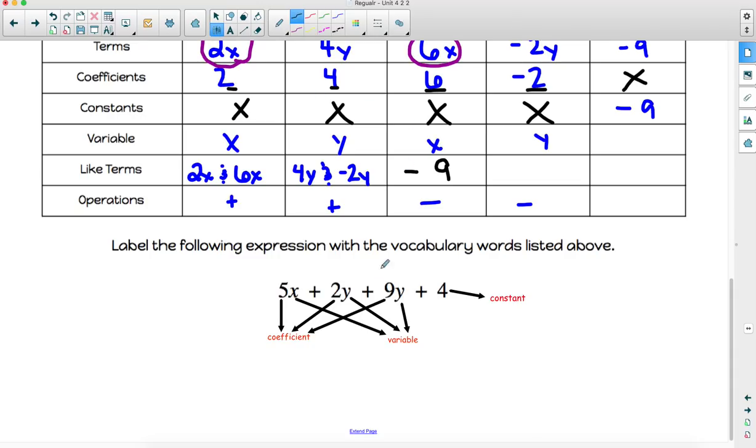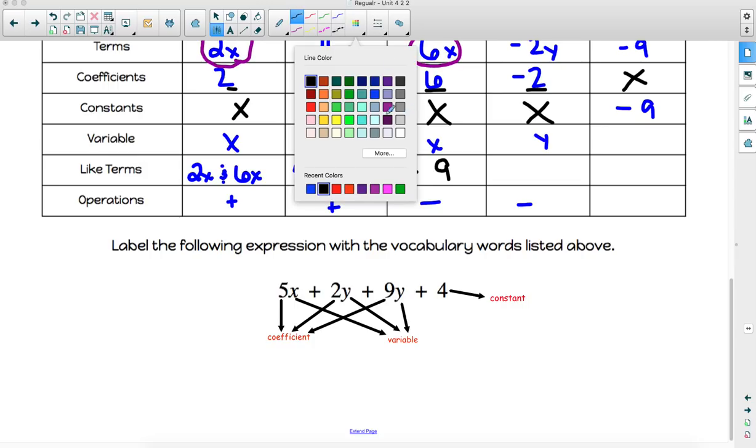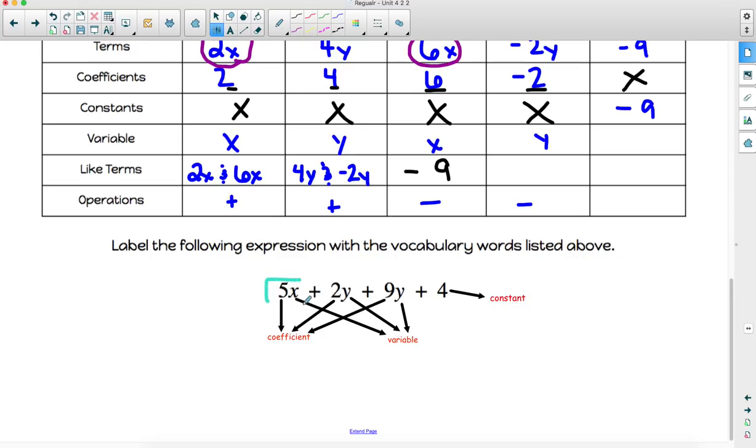Okay, but then we should also be able to identify a little bit more than what I just gave you. So 5x, 2y, 9y, and 4, these are all terms. Okay, so we're going to write that here, terms.